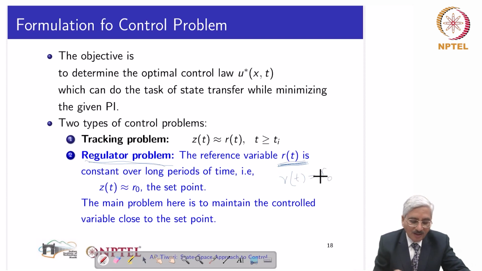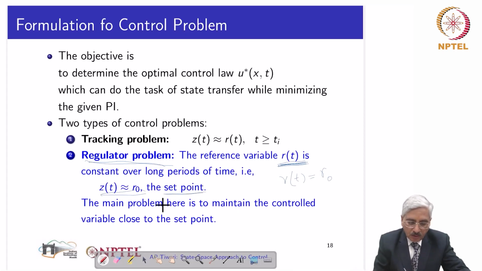And it is required to regulate the variable of interest Z in the vicinity of R0. Z(t) should be as close as possible to R0, the fixed set point.